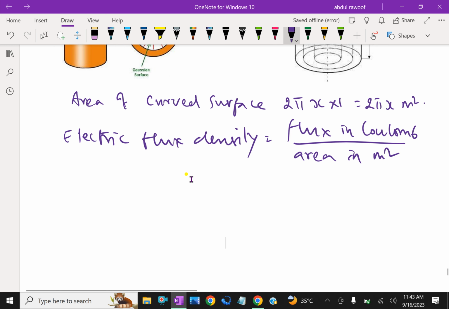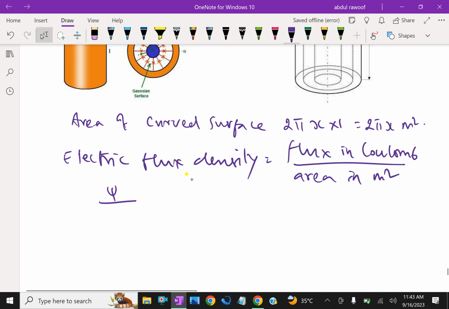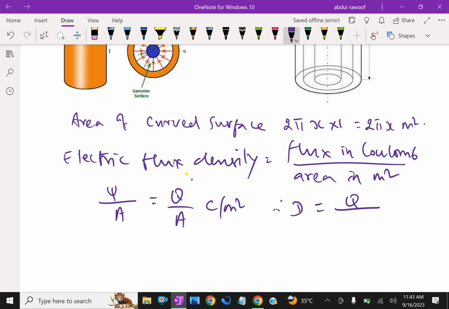We can write psi over A, which is equal to Q over A, in coulombs per meter square, and D is Q over 2 pi x, that is flux in coulombs over area 2 pi x.